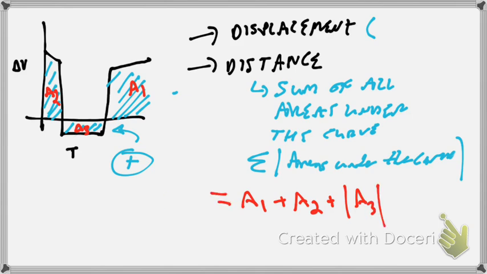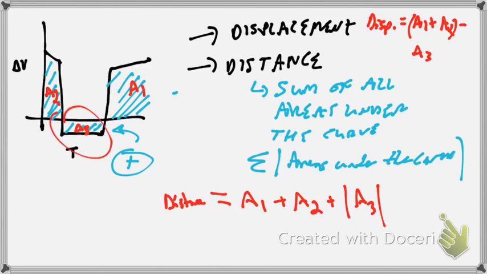And that would be distance. Okay, displacement is equal to A1 plus A2 minus A3. That is displacement. So you would subtract this value instead.